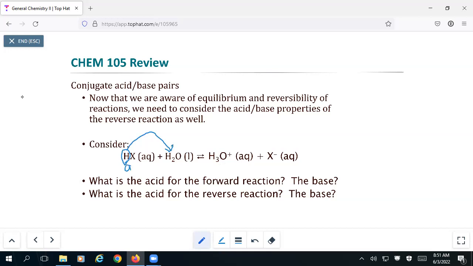So this must be my acid, and the water must be my base. But if I look at the reverse reaction, I can see that the hydronium ion here, H3O plus, is giving a proton away to turn the X minus back into HX. So it's acting like an acid. And the X minus ion is acting like a base.